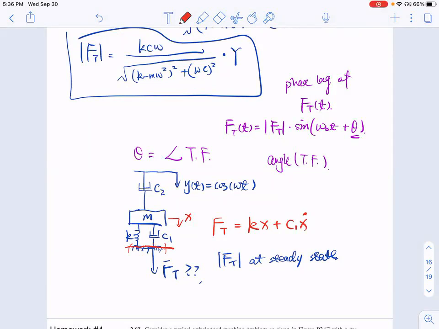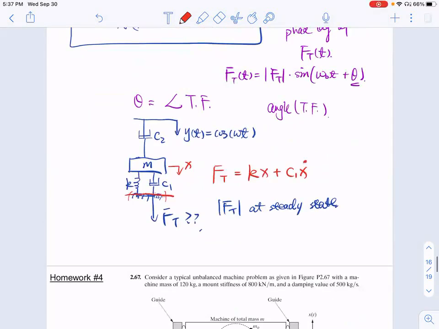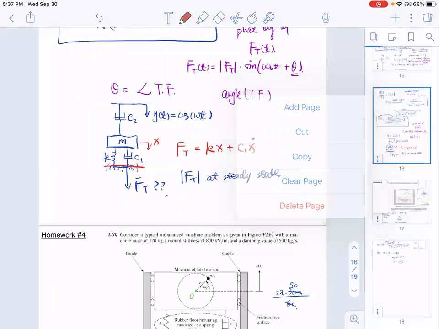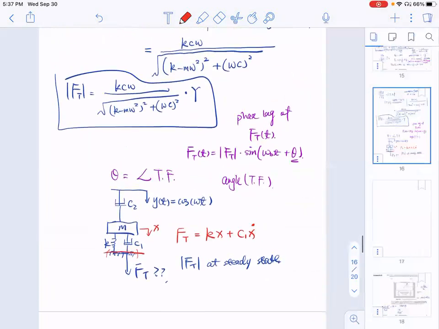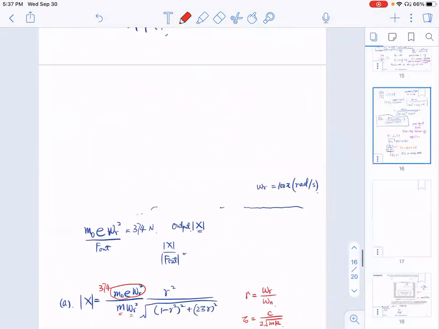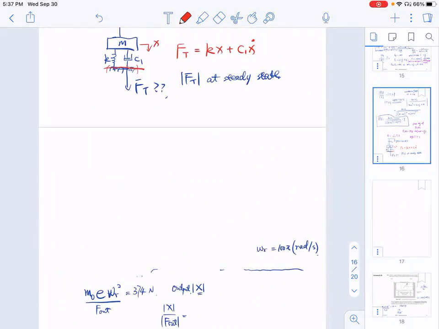I can give you a lot of examples. For example, it doesn't have to be a force. You can have a mass system, you can have a damper, the same thing, and then something y applying on the damper.